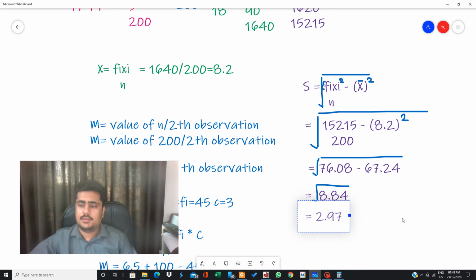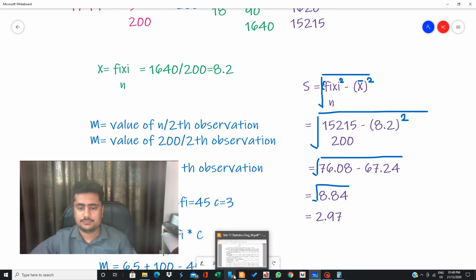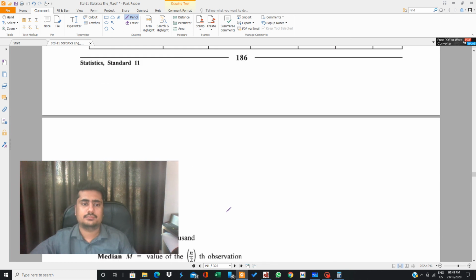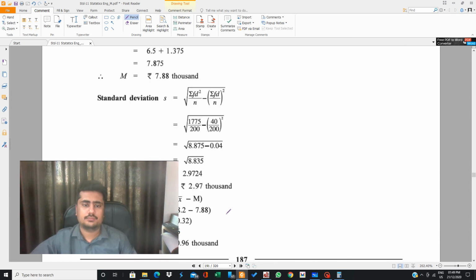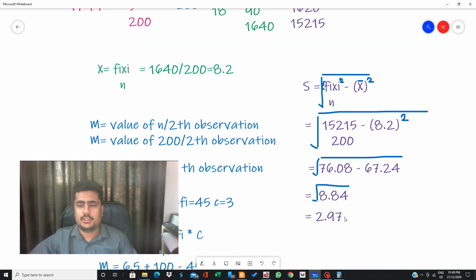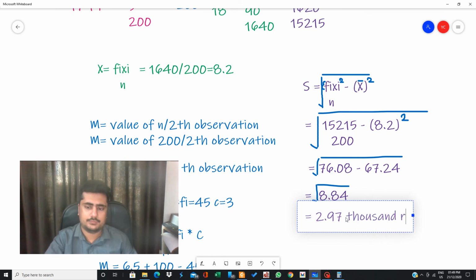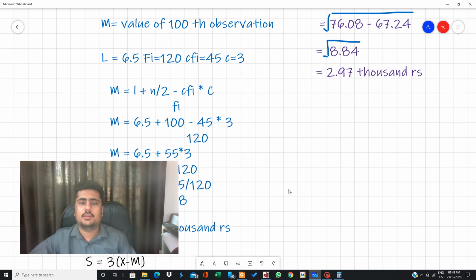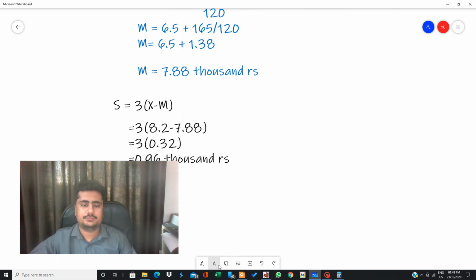So this is 2.97, 2.97 thousand rupees. Now I have to find the coefficient.